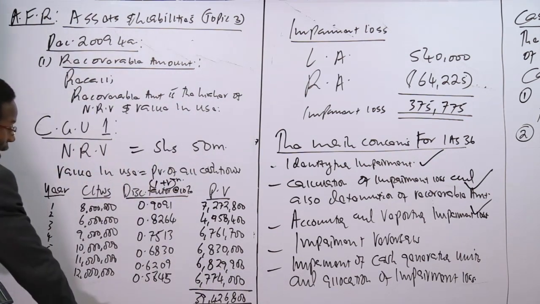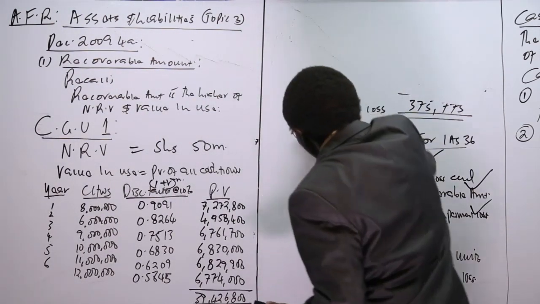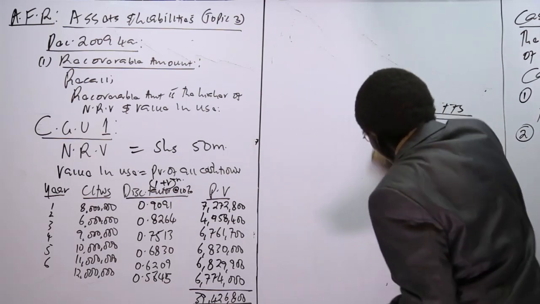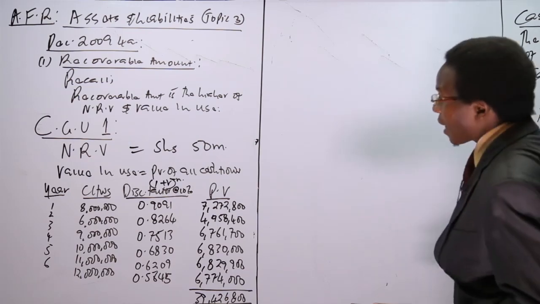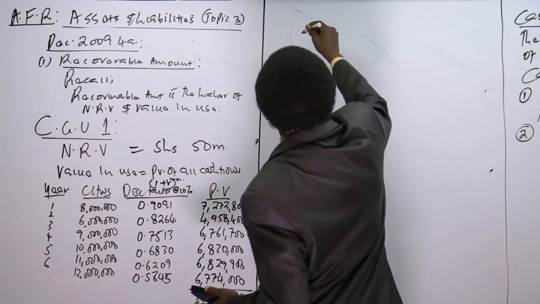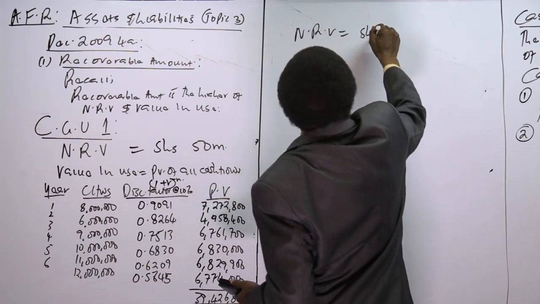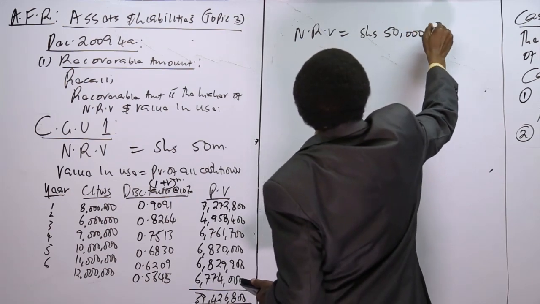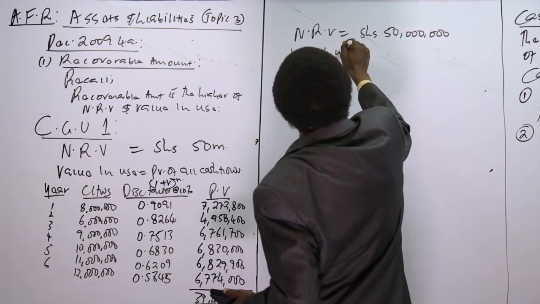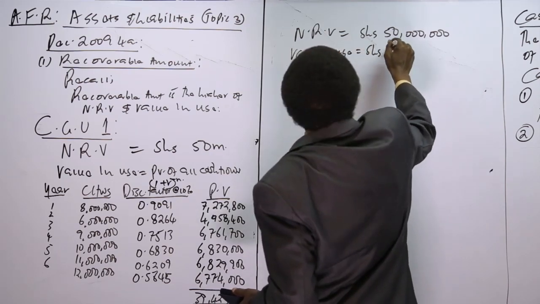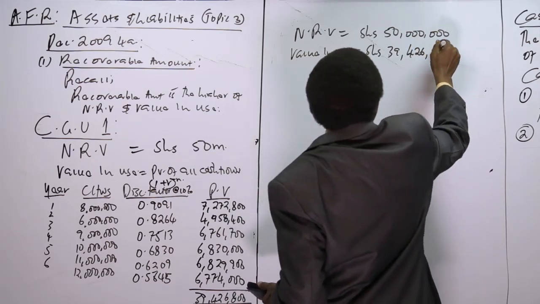9,426,800. So we have the two values now: the value in use and the net realizable value. You can imagine that our net realizable value is shillings 50 million, and our value in use is shillings 39,426,800.